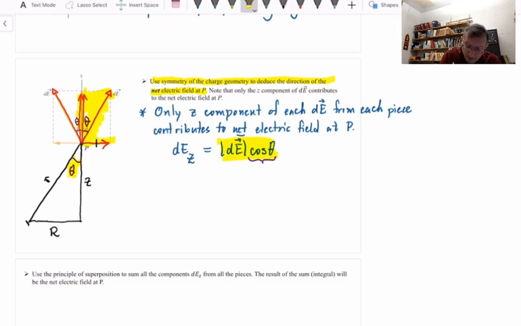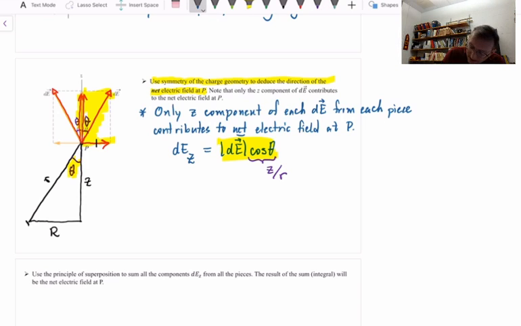And so I'm going to look at the bigger triangle below that has distances. And just from that, note that cosine theta, adjacent over hypotenuse, would be Z over little r. The bigger triangle, which involves distances, is easier to work with.